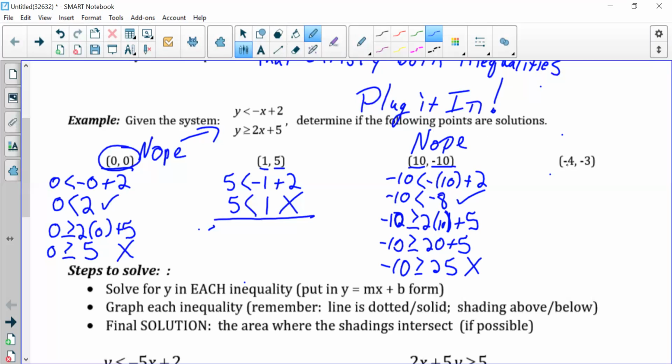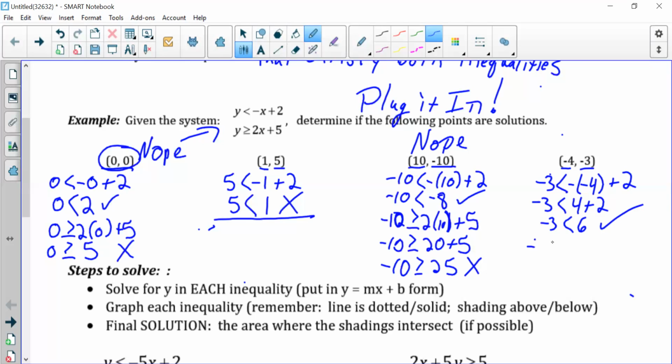All right, last one. Let's plug this guy in. Negative 4 for x, negative 3 for y. So negative 3 is less than negative 4 plus 2. Negative 3 is less than a negative 4 is a positive 4 plus 2. Negative 3 is less than 6. Yep, that works. Let's plug it into the second one.